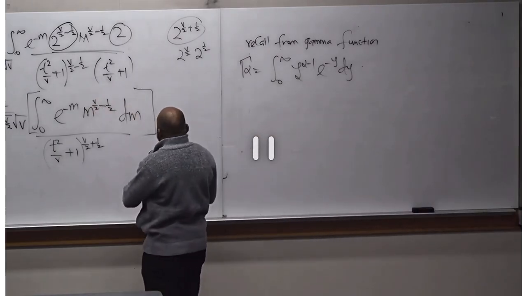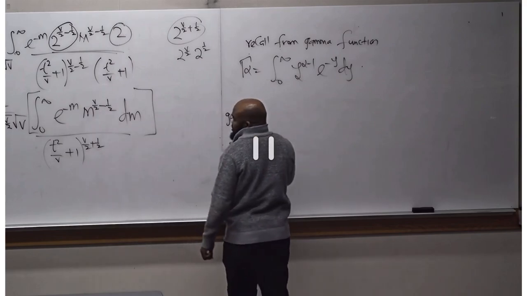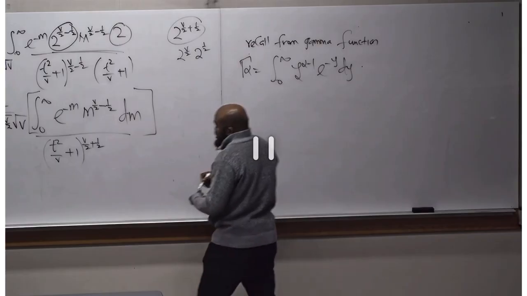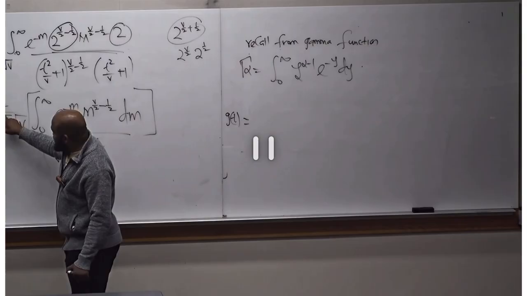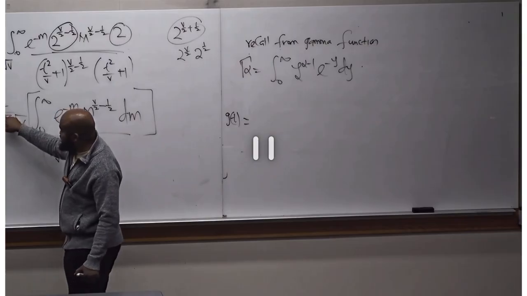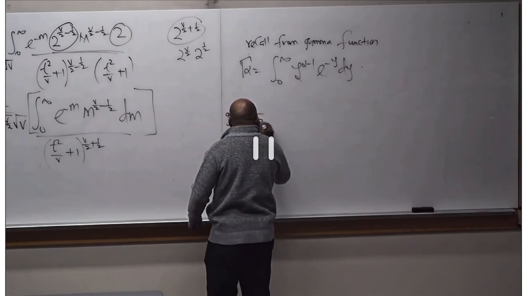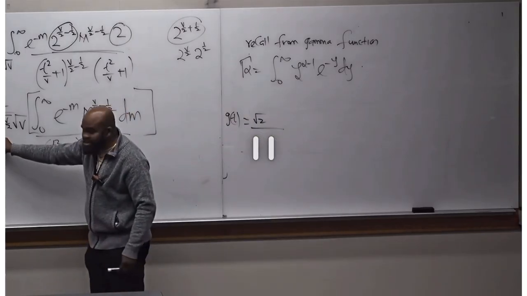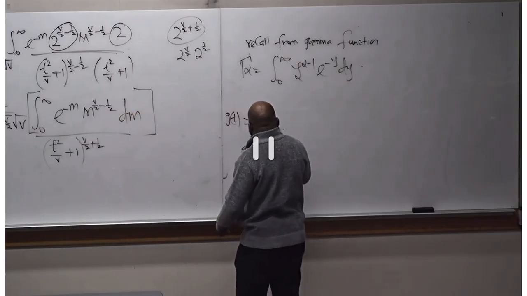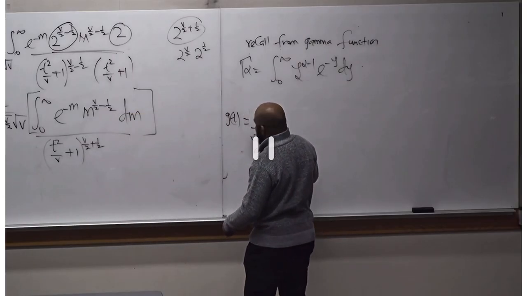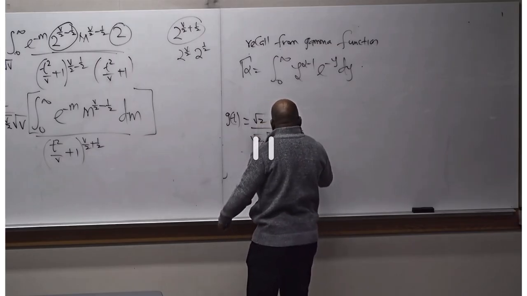Exactly. So now if I want to rewrite this, I'm going to say g of t equals, and don't forget this guy, I wanted to take note of something. This guy is the same thing as square root of 2, right? Square root of 2 divided by, I want to split this guy, root 2, root pi, gamma v over 2, square root of v.